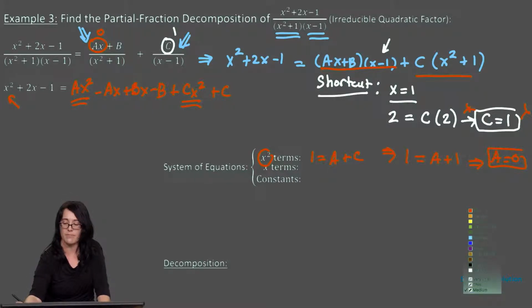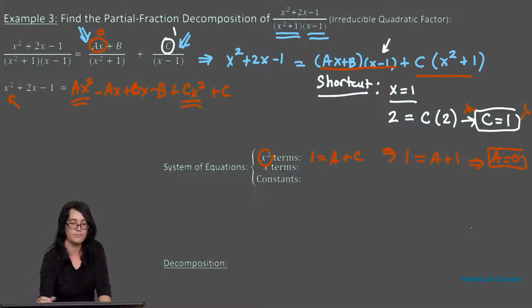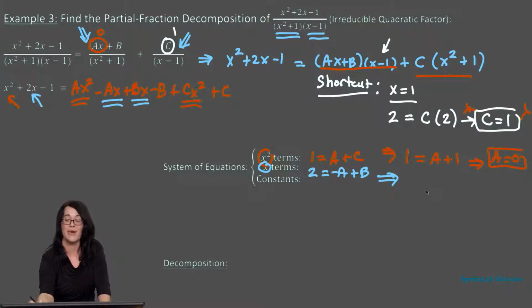Let's see if we can find b by using our next equation, looking at the x terms' coefficients. On the left, we'd get 2 as the coefficient of x. And on the right, we'd have negative a as the coefficient of that x, plus b as the coefficient of this x. Any other x terms? No, that's it. Well, again, good news because we know what a is.